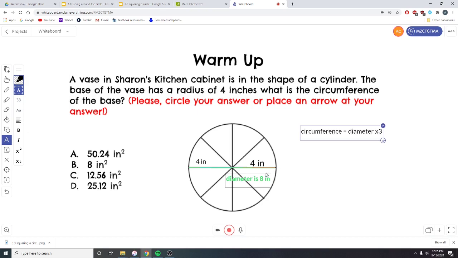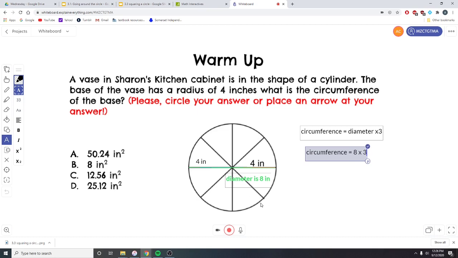In this case, my diameter is 8, so circumference is equal to my diameter, which is 8, times 3, and that should give me my answer.